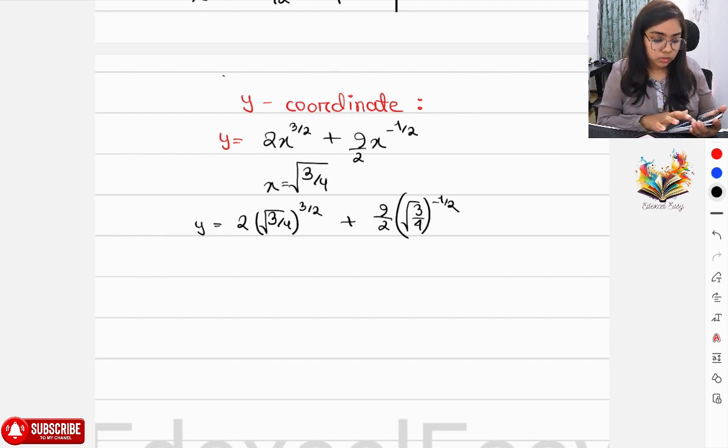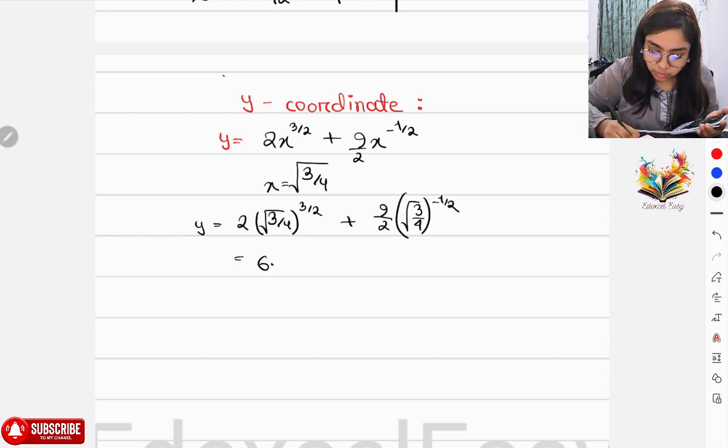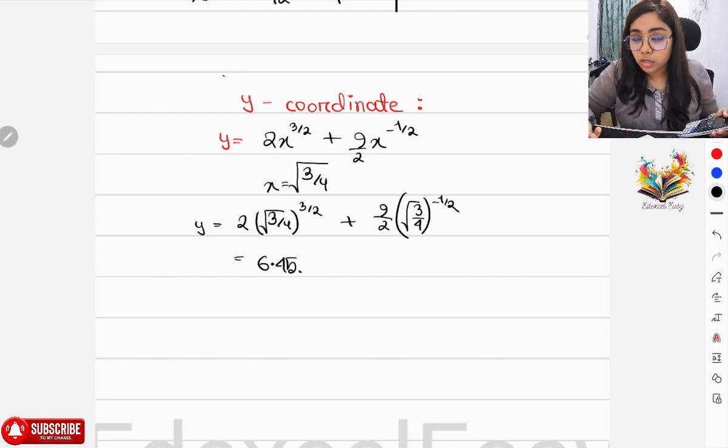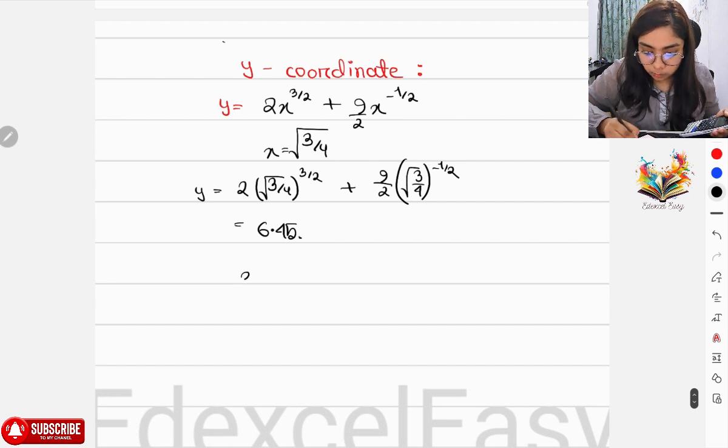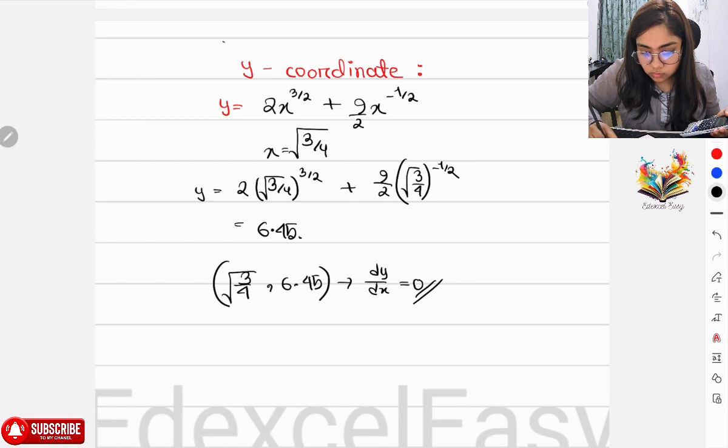Oh wait, sorry, I made a mistake. It's supposed to be 3 by 4. I took the other value for x as 3 by 2. Okay, now you get 6.47. Even though this is an extra, if you were asked to calculate the y coordinate, this is how you would calculate it. That means at the point root of 3 over 4 and 6.47, this is the point where the value of your gradient dy by dx was equal to 0.